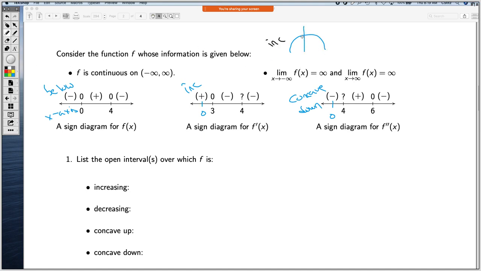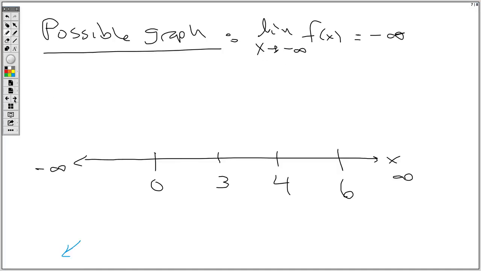There's the increasing half and the decreasing half. So it looks like this. And at 0 itself, the function is 0. The function's negative, so it's below the x-axis, coming into 0. The function is increasing and concave down.